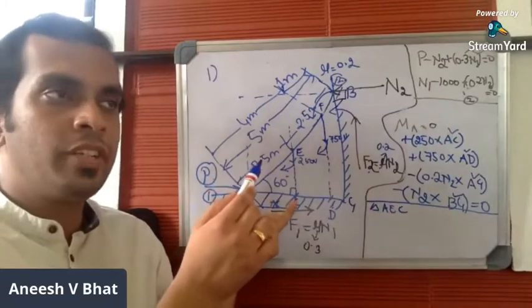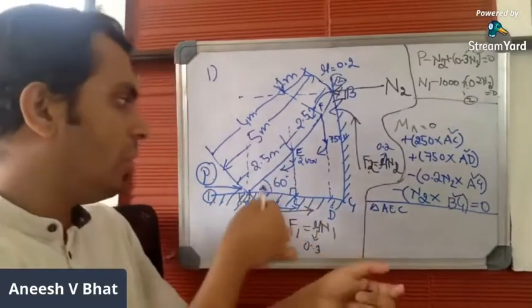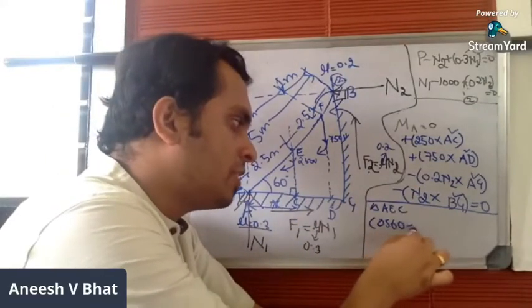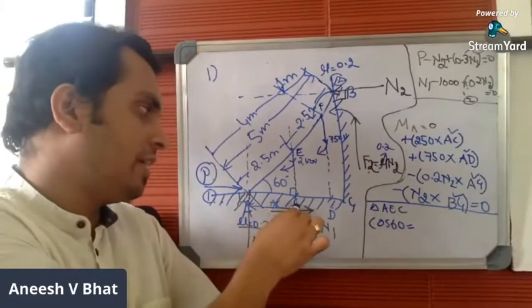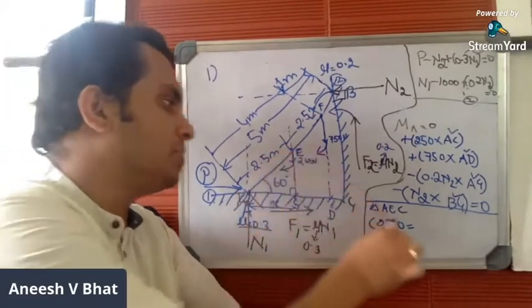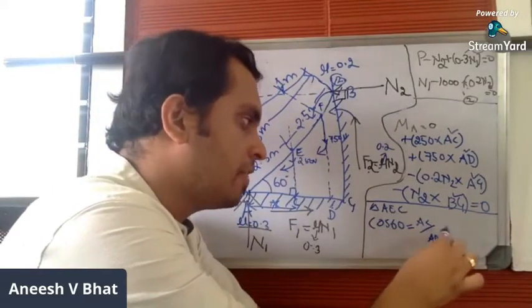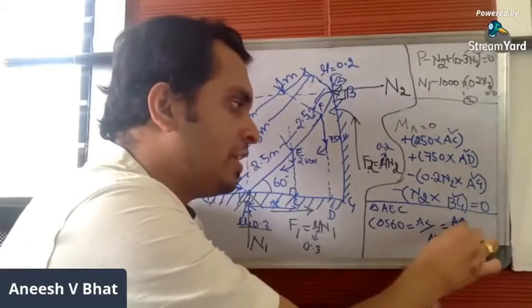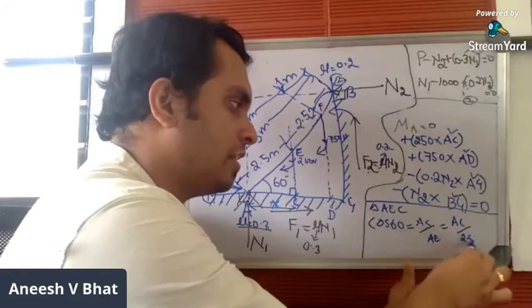In order to find the value of AC, we can use cosine. Cos 60, we know the angle. So cos 60 is equal to AC, the adjacent side, by hypotenuse AE. AC is the distance we need, and AE is 2.5.